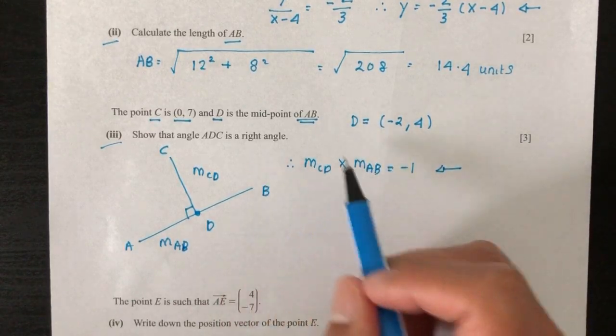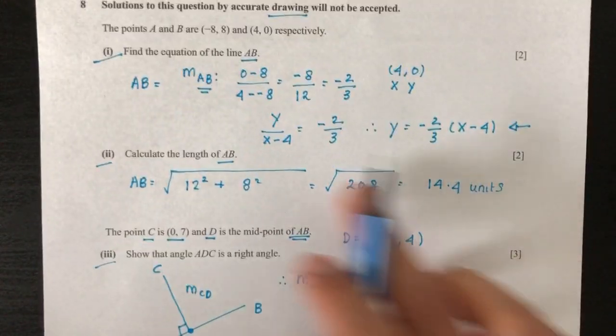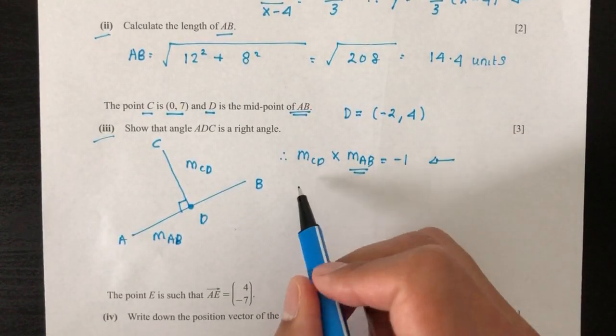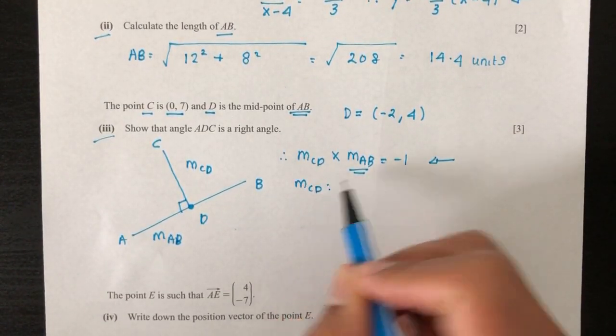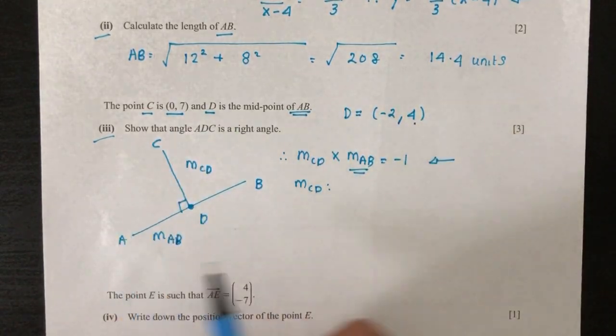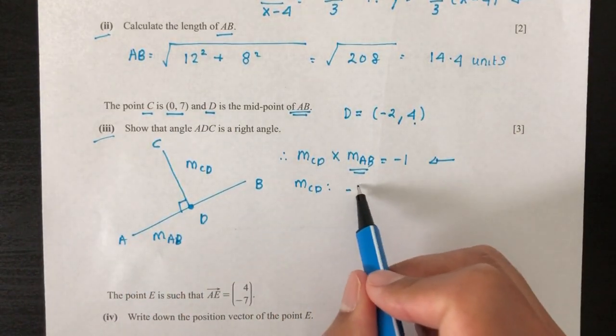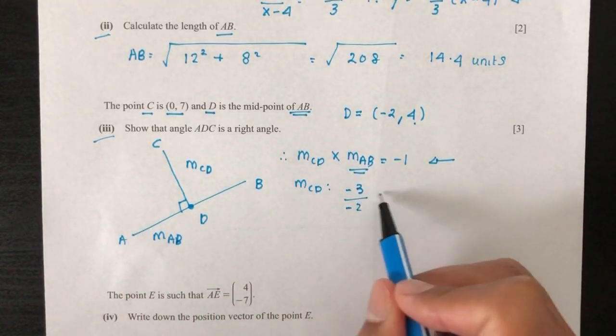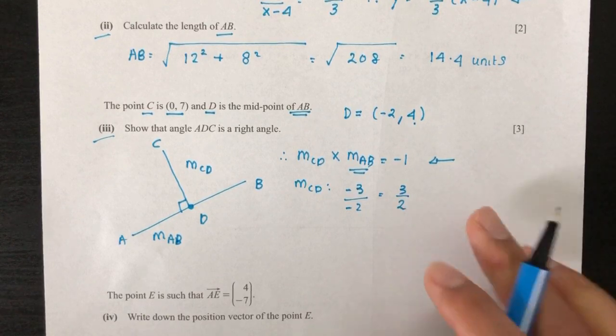So let's show that. We know this already from part 1. It is minus 2 over 3. So we have to find this one. Gradient of CD will be, we know this point, so 4 minus 7 will be minus 3, and minus 2 minus 0 will be minus 2. That will be 3 over 2. So let's replace.